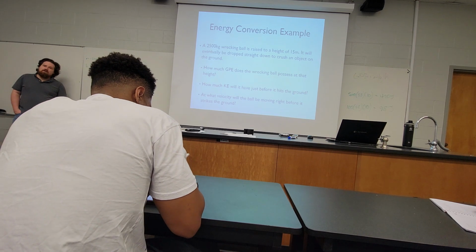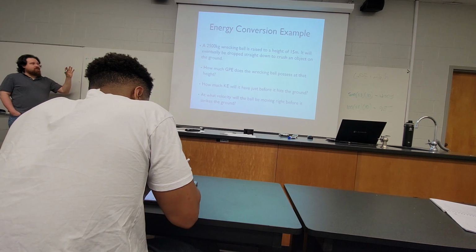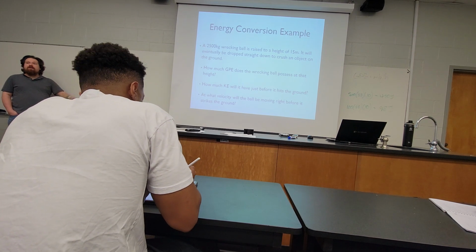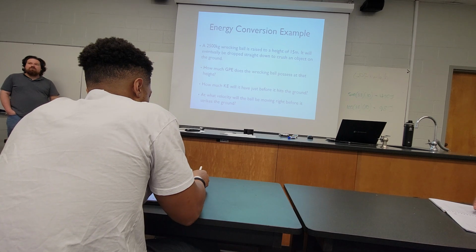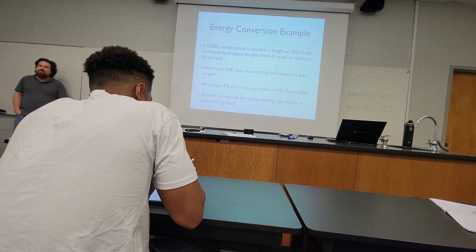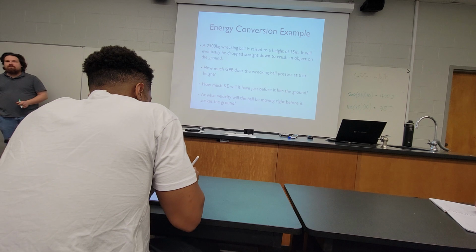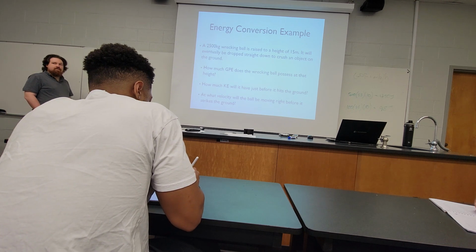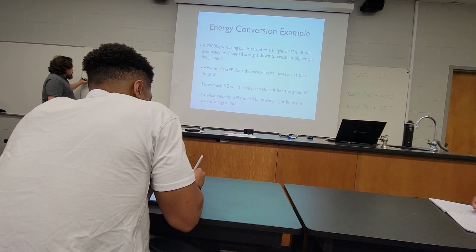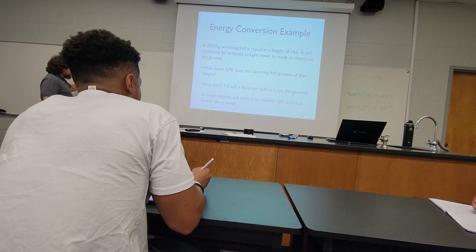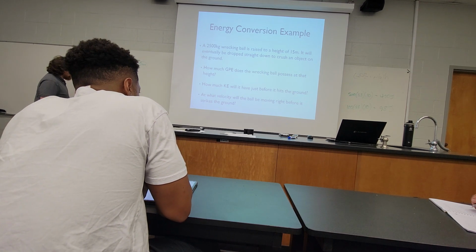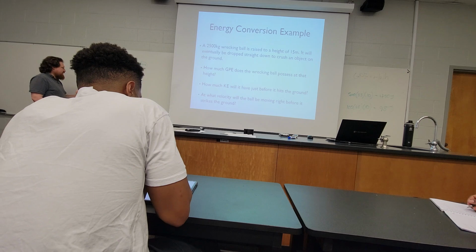So, first question, how do we find the GPE that this wrecking ball will have as it sits right there in that position? Just multiply everything. Yep. GPE formula, mgh, namely the absolute value of g. I want to make that clear.